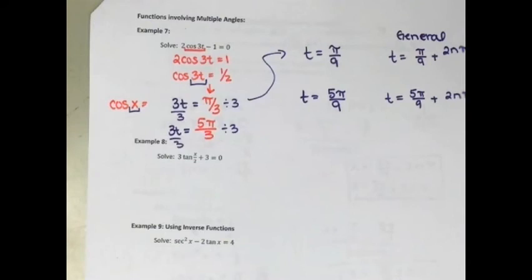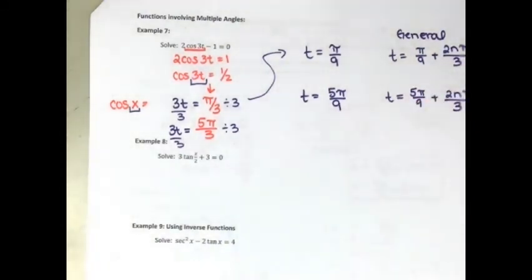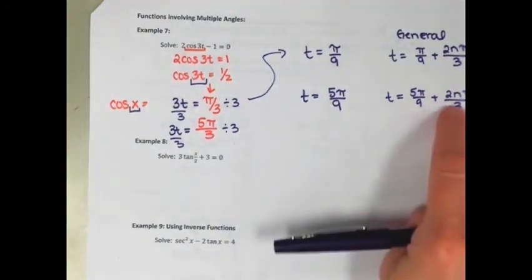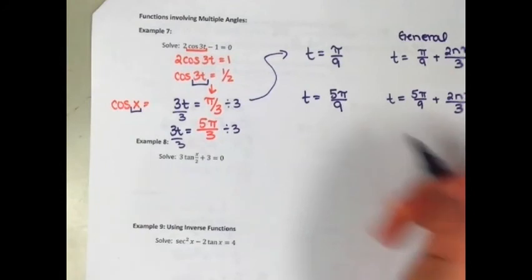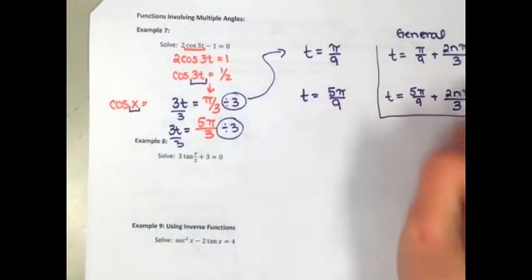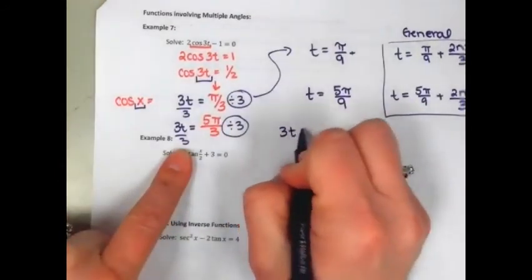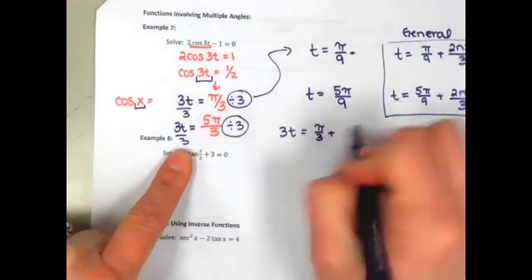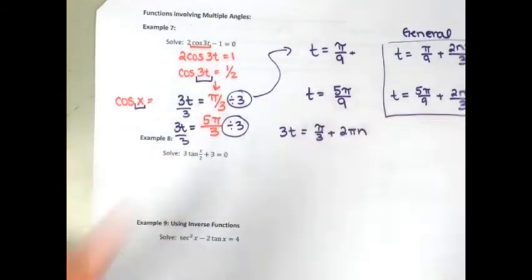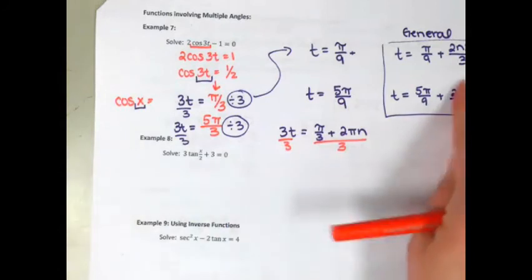We had to divide by 3, so we have to divide our general form also by 3. If we multiplied by 3, I'd multiply each of these by 3, but because I divided by 3, our general form also has to be divided by 3. Originally, we could have written 3t equals pi over 3 plus 2 pi n. Then we divide by 3, so I have to make sure I divide everything by 3.